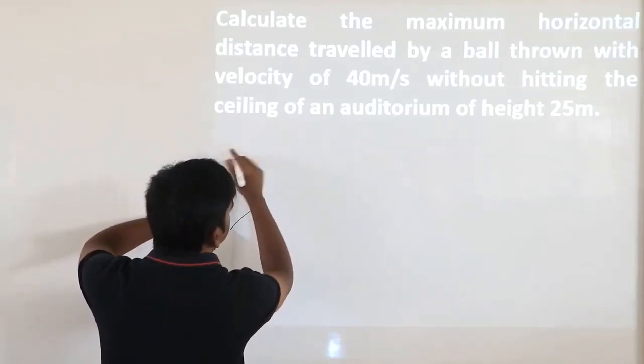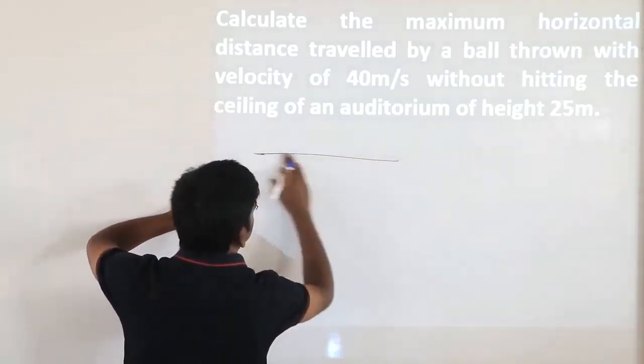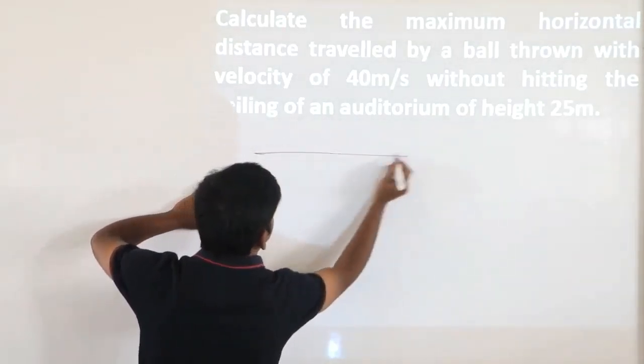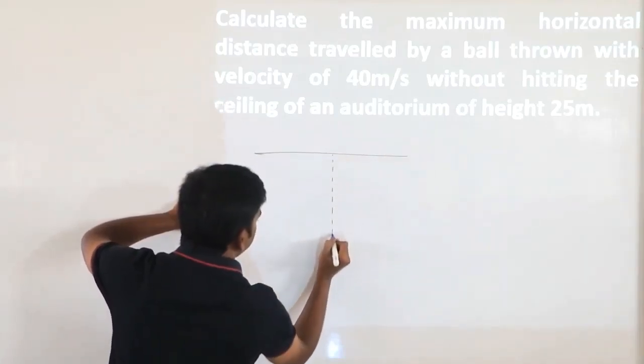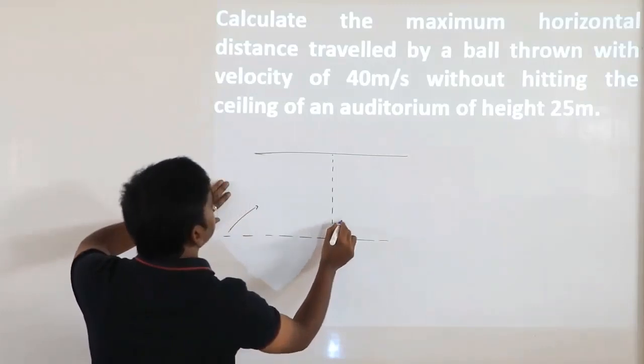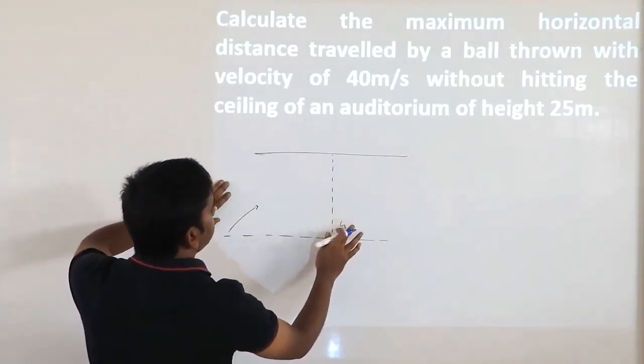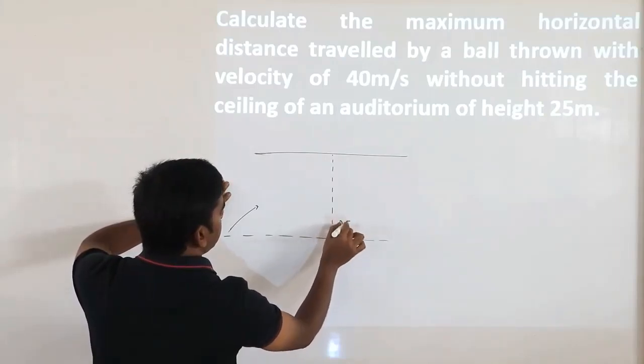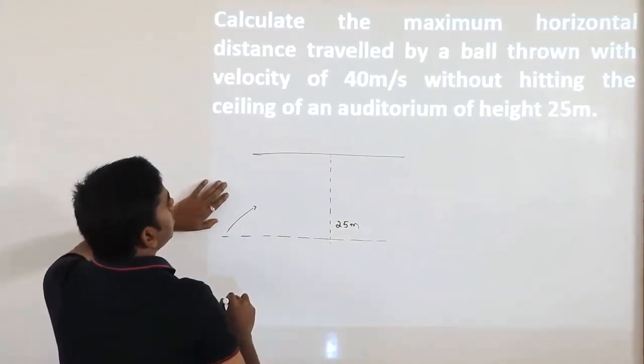The height of the ceiling is 25 meter. Okay, 25 meter. They have thrown the ball.